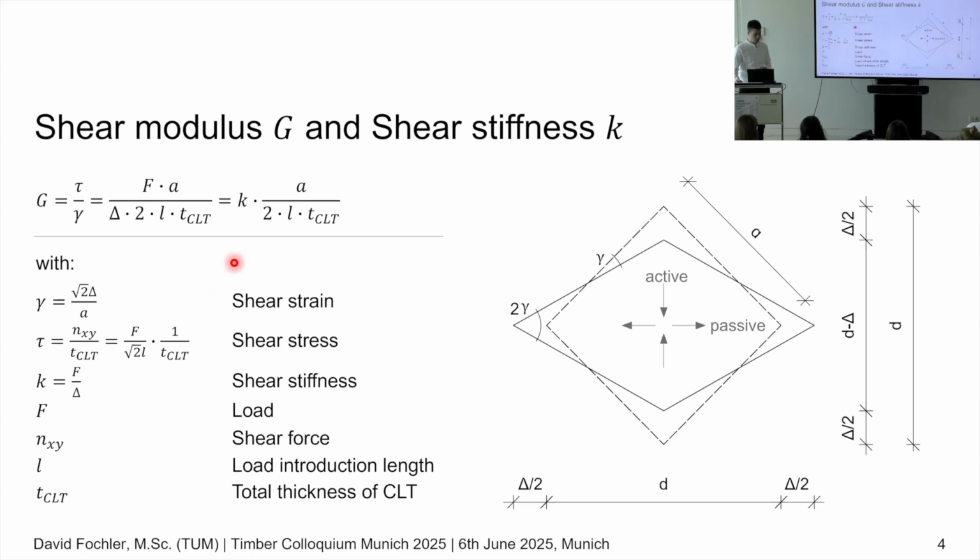And in this process, we can even calculate the shear stiffness here. It's the force divided by the displacement, the delta. And one important thing is we have the active direction, the direction of the force, and the passive direction, which is perpendicular to the initial force.